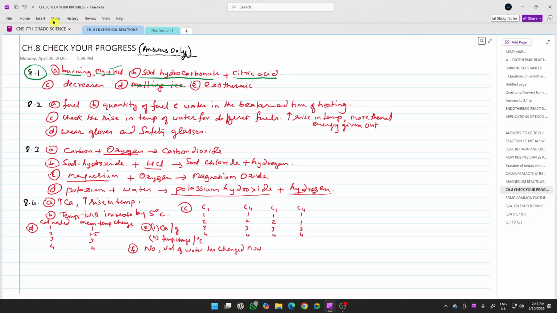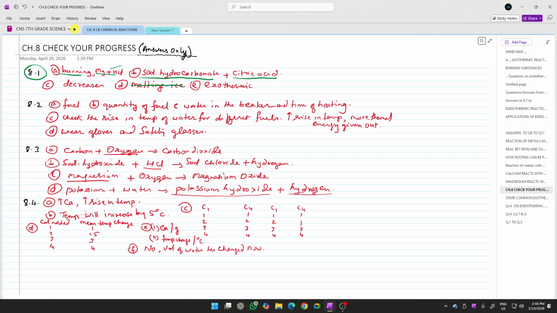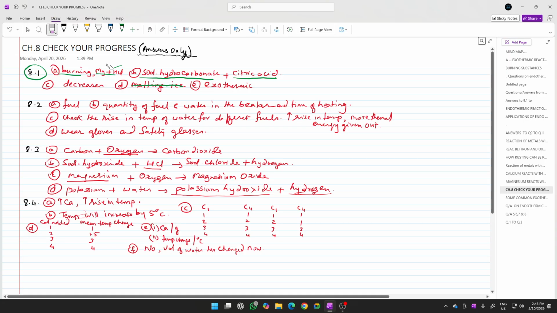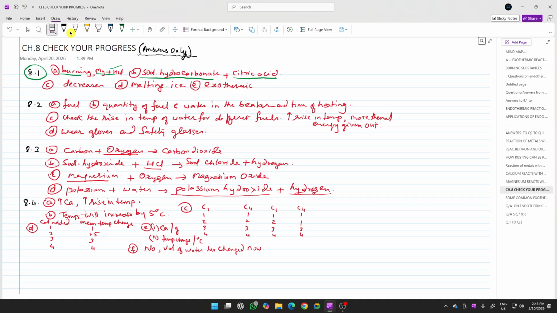That is correct. Melting of ice is an endothermic process because heat energy is taken in, not given out. Let me correct this. So for D, you will have to write melting of ice. This melting of ice was taken from the phrases.